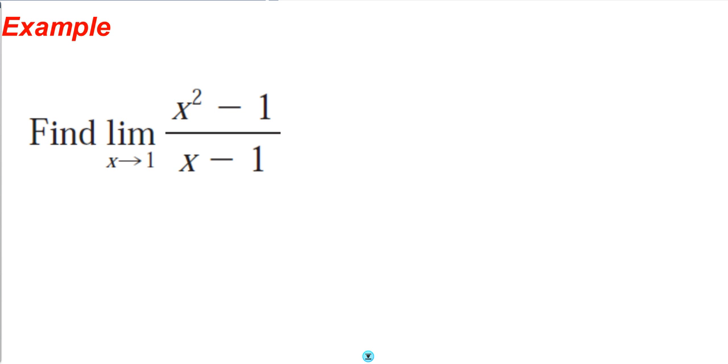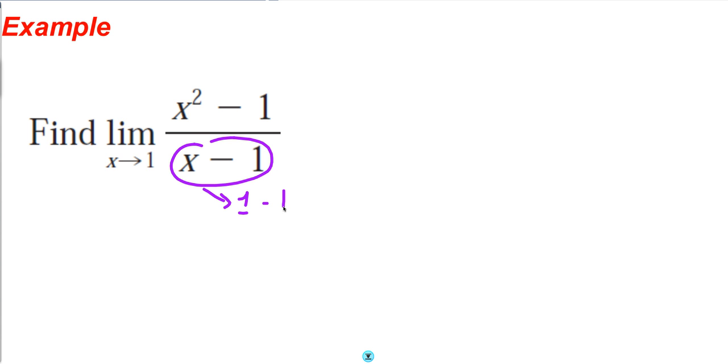Sometimes the limit of the denominator will be 0. For example, here, if we substitute 1 in this denominator, it will be 1 minus 1, which is 0.